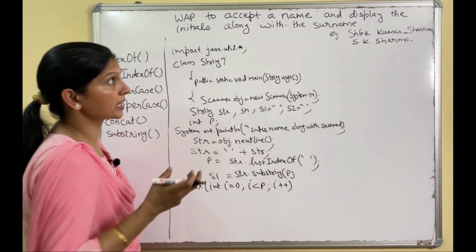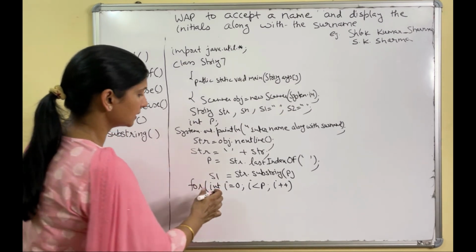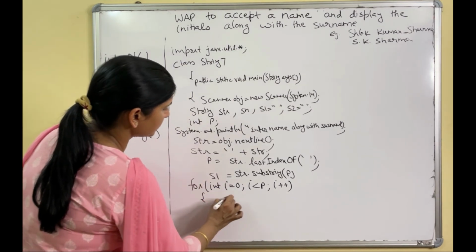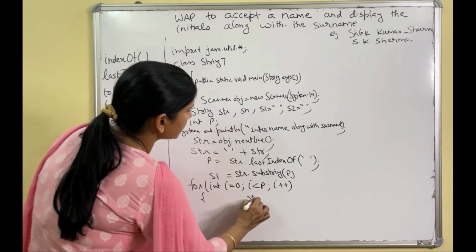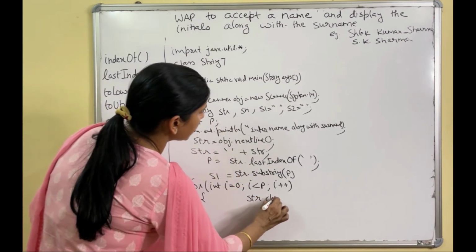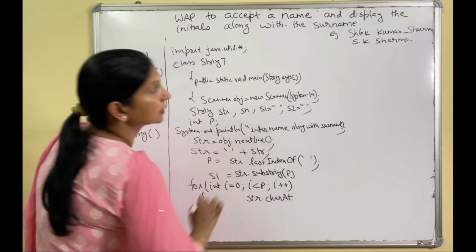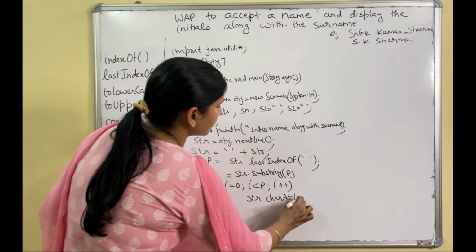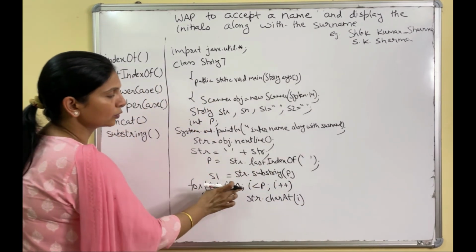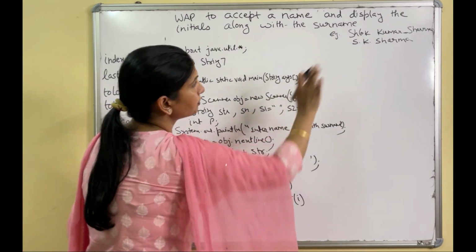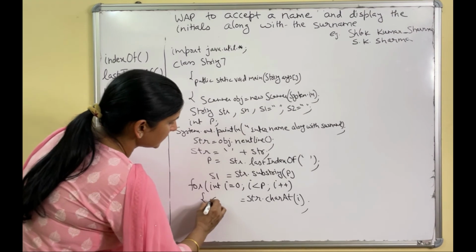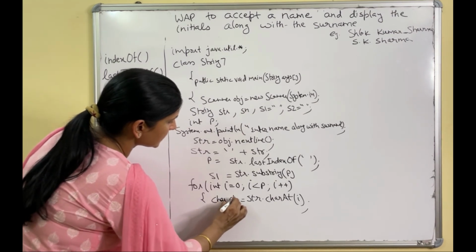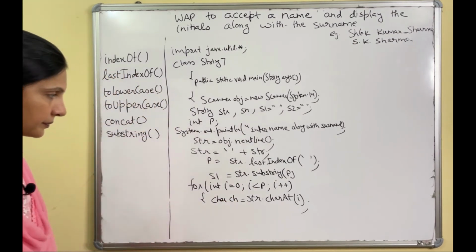So to check or to get every character, we will use which function? Again, main string is our str. So str dot charAt i. We will pass, it will go from 0 to P, less than P. Okay? And then we will assign in ch, right?